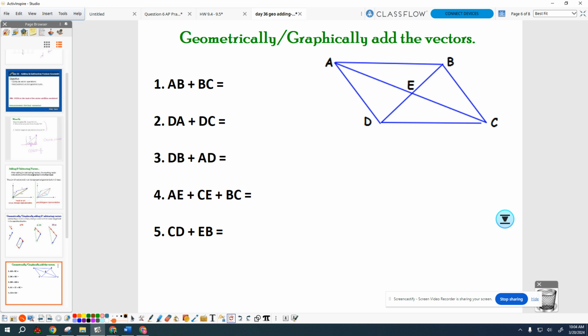Yeah, but the B is not the same as the C. These are vectors. If a leaf is pulled this way, but the wind is pulling it that way, where did the leaf end up if it started here? DA, or A to D.